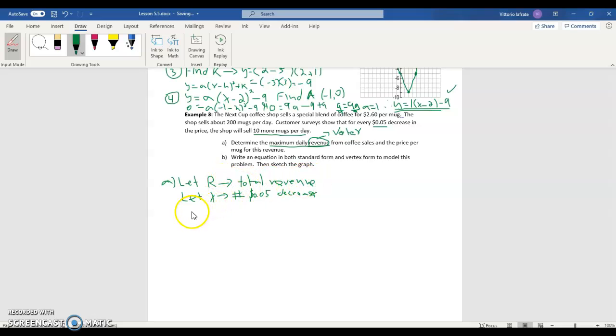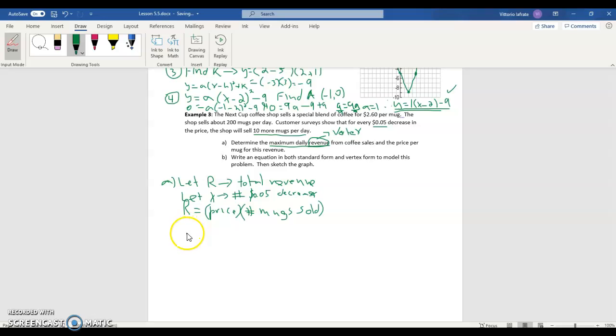So we know that our revenue is going to be equal to the price of the mugs times the number of people or number of mugs sold. And so you might already be getting the idea that you're probably going to get a factored form here based on the way I wrote this out.